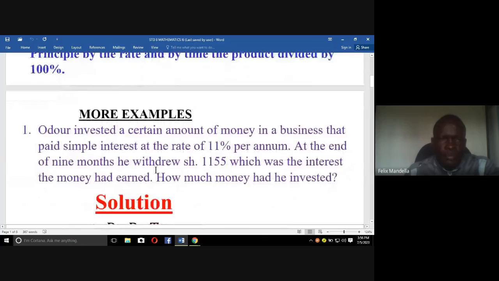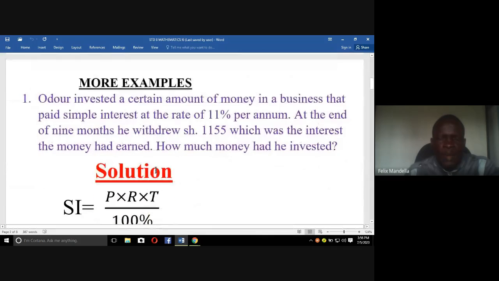Now, we have example 1, and our example 1 says, Oduor invested a certain amount of money in a business that paid simple interest at the rate of 11% per annum. At the end of 9 months, and underline the word 9 months.